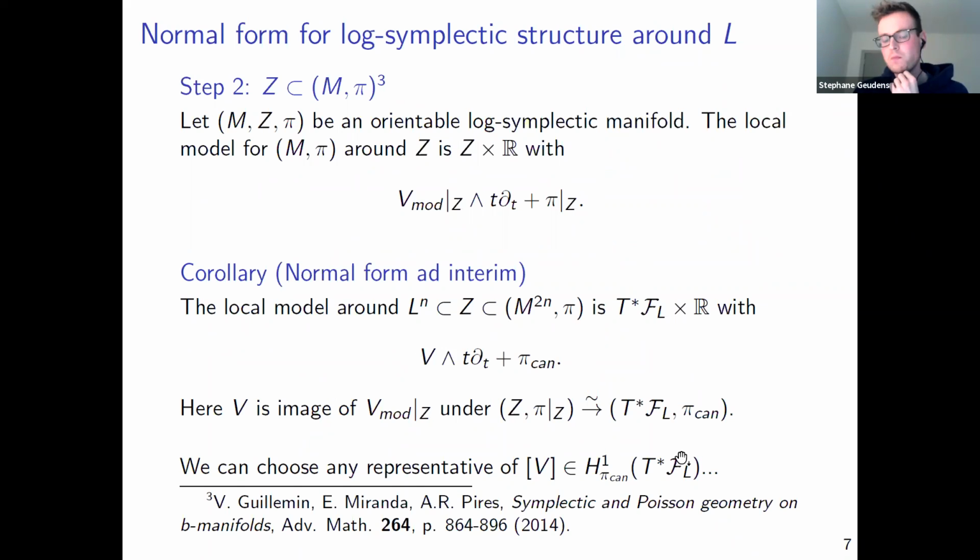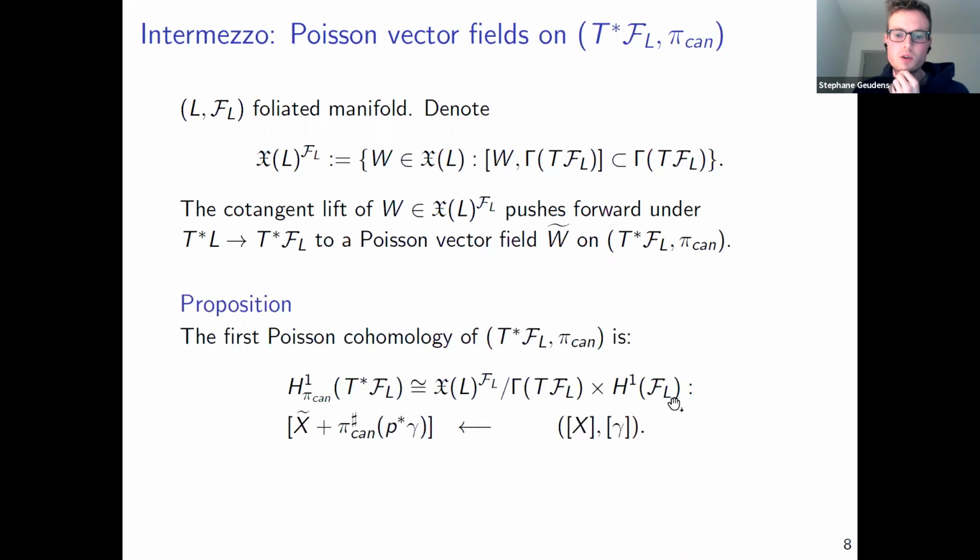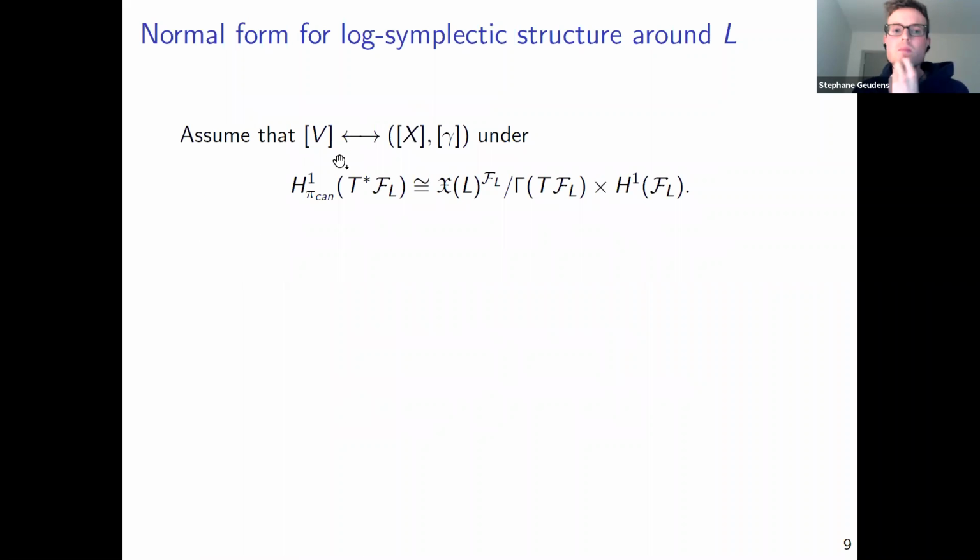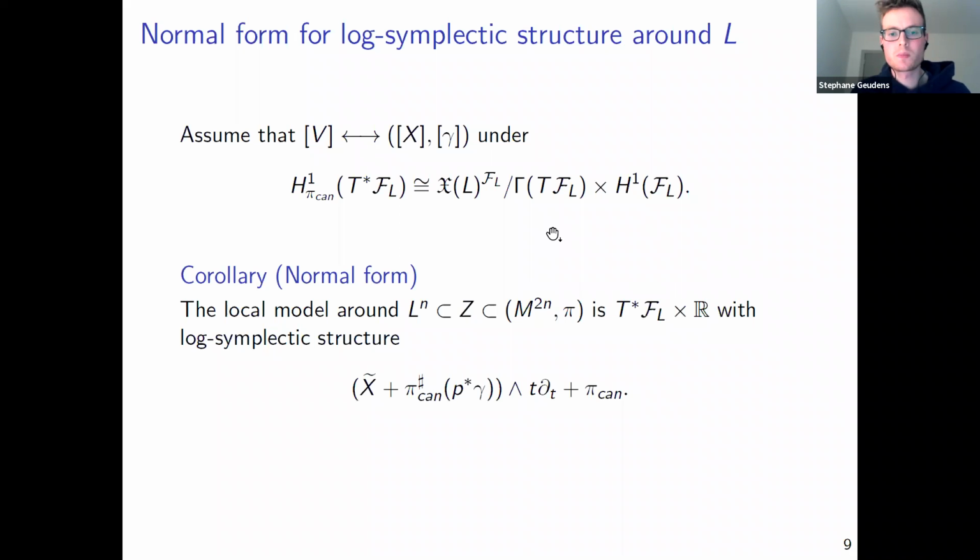So for V, we can take any representative of its cohomology class. So the class of V corresponds to a class of X and a class of gamma here. And we just choose representatives, X and gamma.